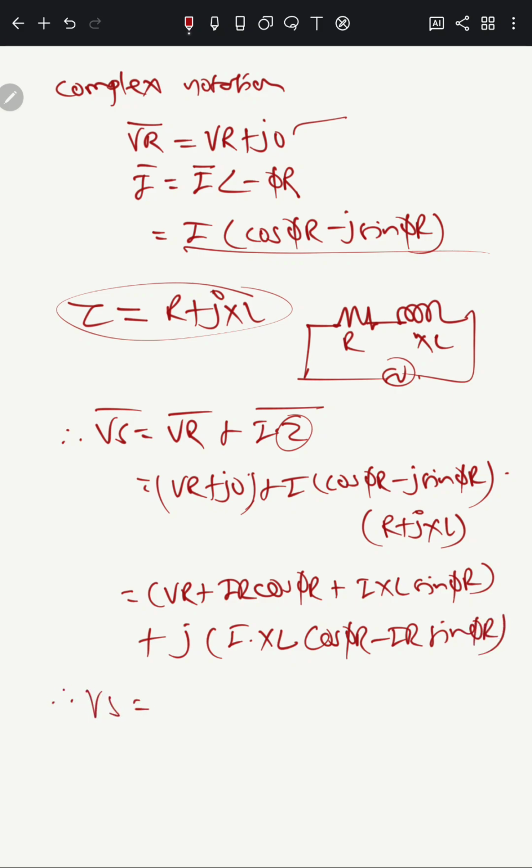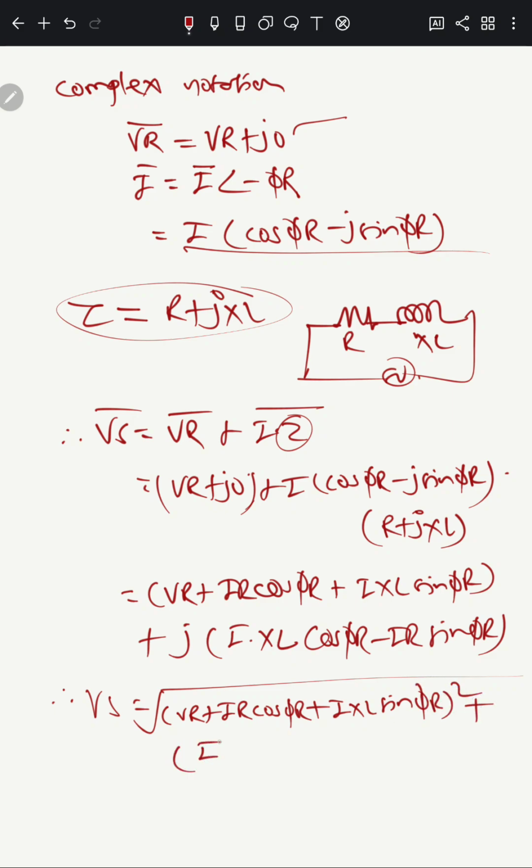Therefore Vs is equal to under root of Vr plus IR cos phi r plus I into XL sin phi r square plus I into XL cos phi r minus I into R sin phi r square.